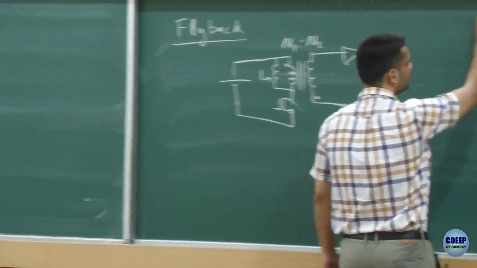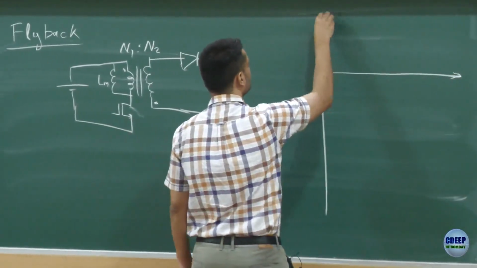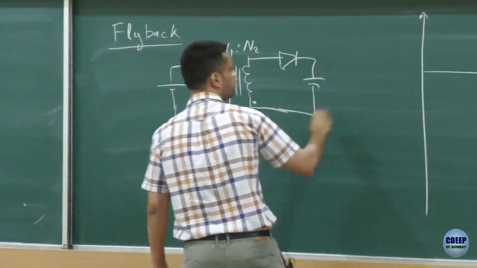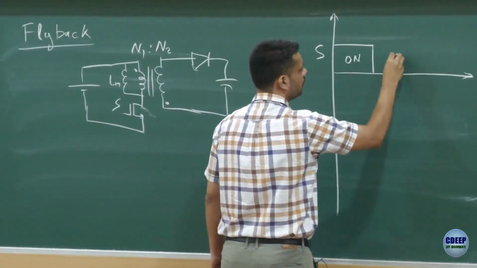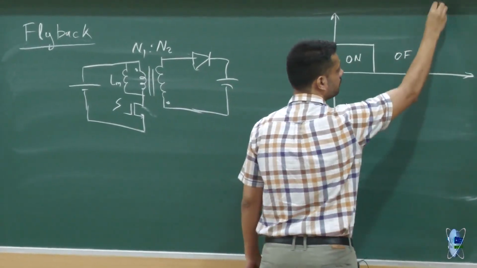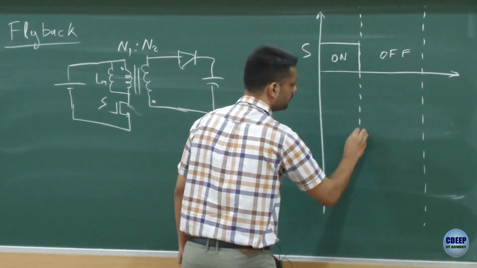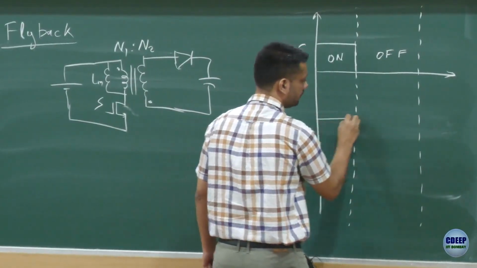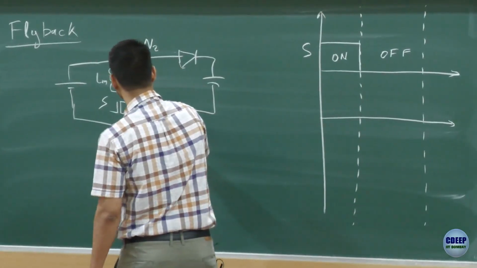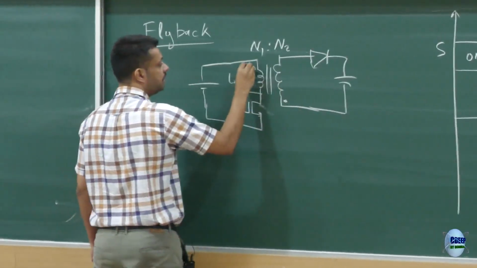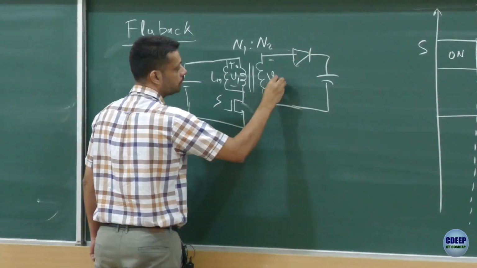So let's start with deriving the input to output voltage. Switch is on, switch is off. We have seen, let's call it V1 and let's call this one V2, right?